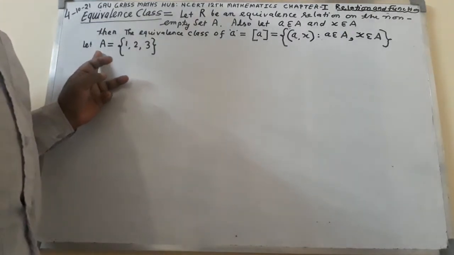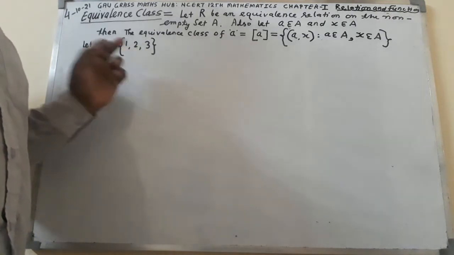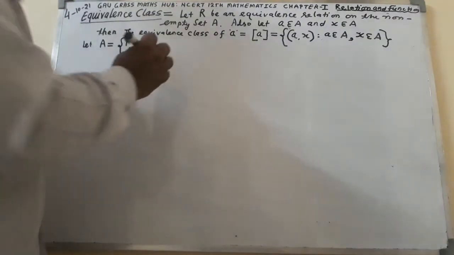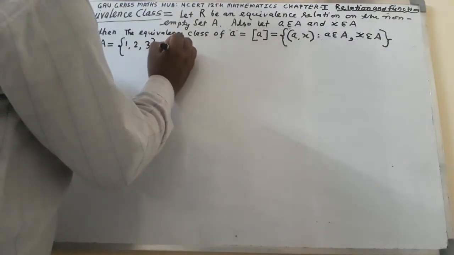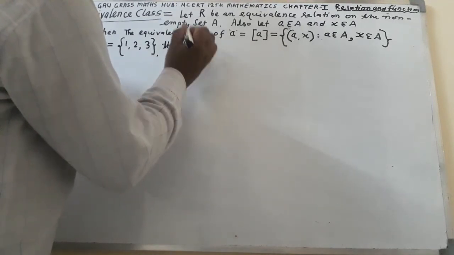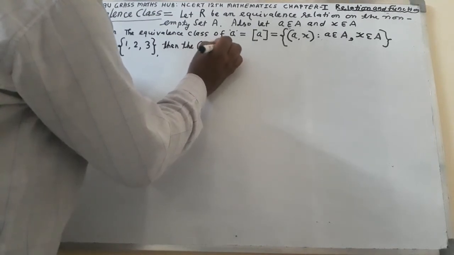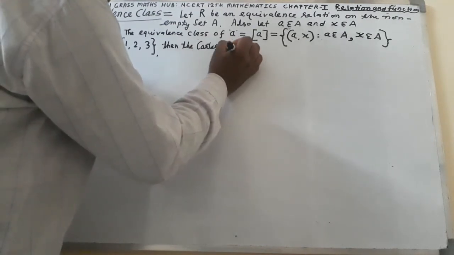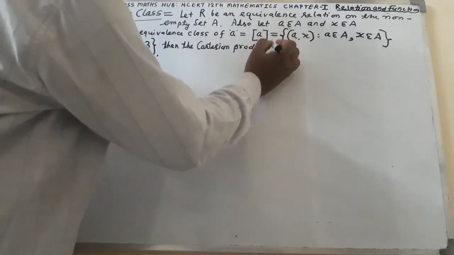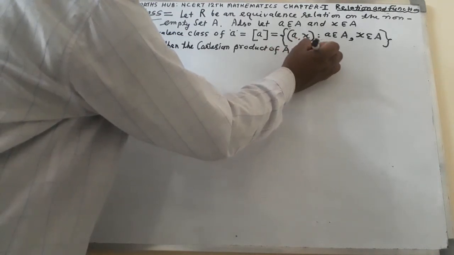A is a non-empty set, its elements are 1, 2, 3. Then the Cartesian product of A equal to A cross A.